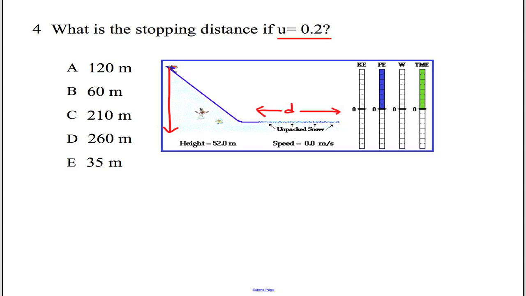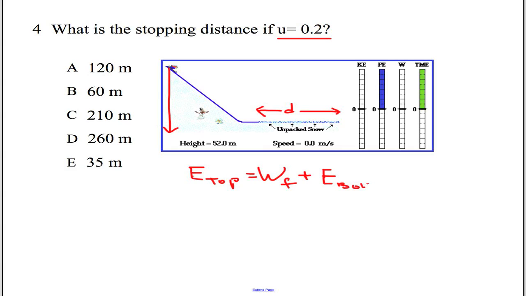Well, again, the total energy that you have at the top is going to equal the work done by the force of friction, because you will have no other energy at the bottom except the energy that was lost to friction. So all the energy at the top equals the energy at the bottom plus the work done by friction.